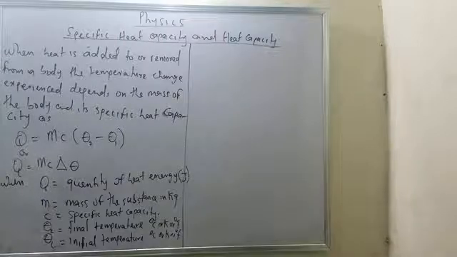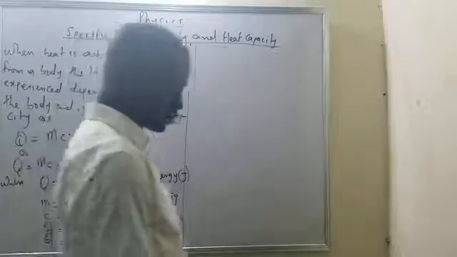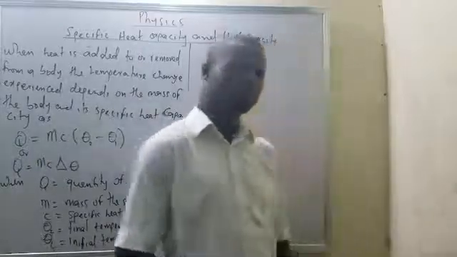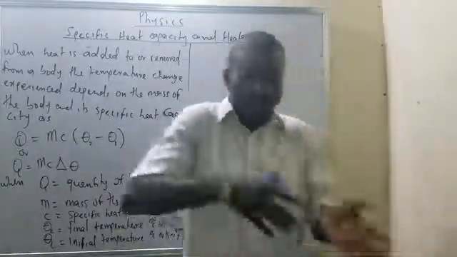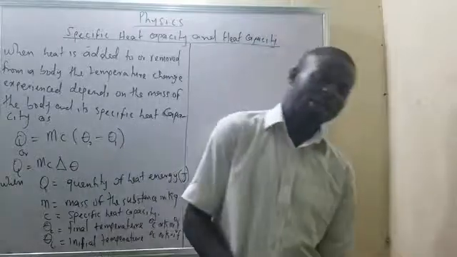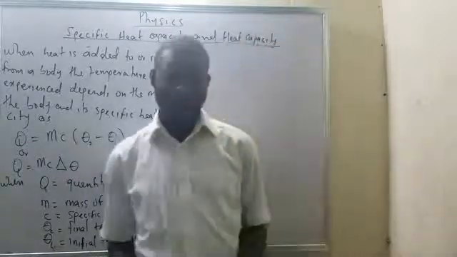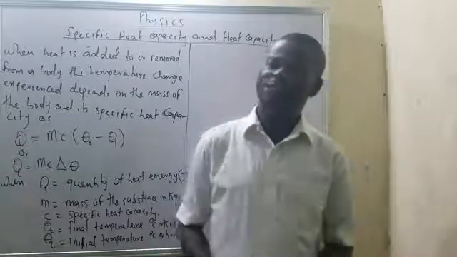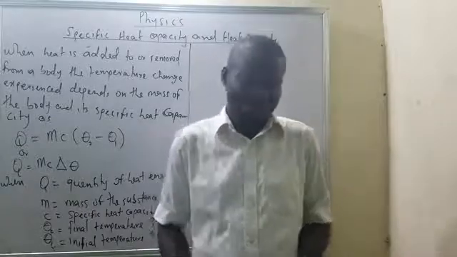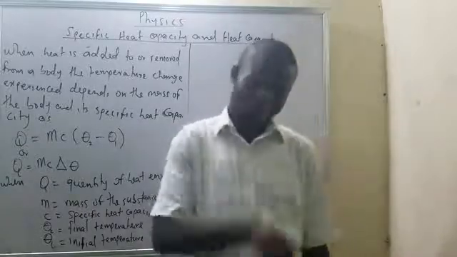Now, that is what specific heat capacity is all about. Now, there must be what? Removing of temperature. Is there increase of temperature or decrease of temperature? Now, where I am in my studio, if the temperature of this particular environment increase, it means there will be increase on my temperature.